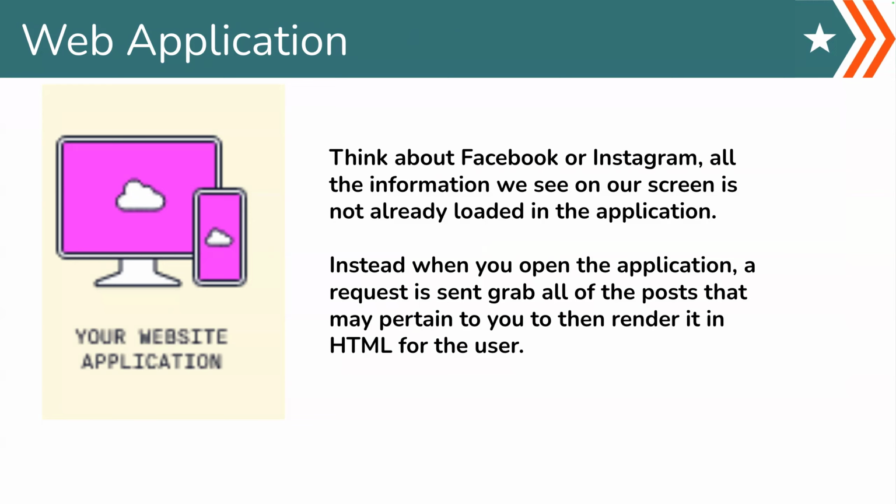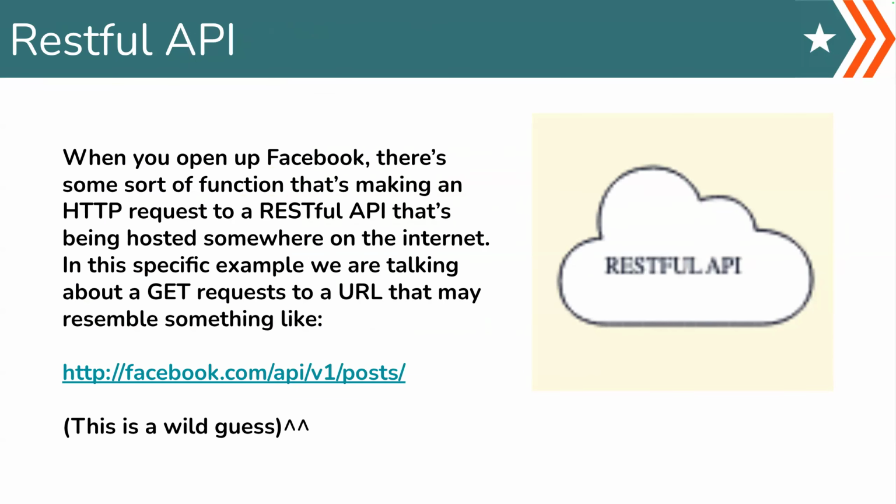And the context here is that all of these applications that we use, Facebook and Instagram, when we open a web browser, when we open a web app, they're making a bunch of HTTP requests over the internet to a server, just like the Django server that we're building now, to get data. And this term RESTful API, REST is an acronym.